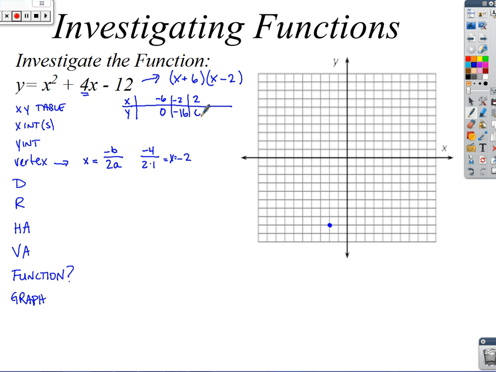It wouldn't be a bad idea just to check that. 2 squared is 4. 4 times 2 is 8. Okay, 8 plus 4 is 12. 12 minus 12 is 0. Check. So 2, 0 is one of those intercepts, and negative 6, 0 is the other one of those intercepts.